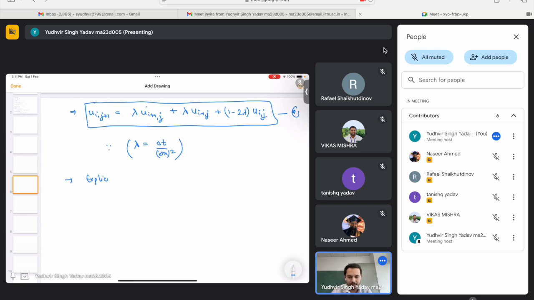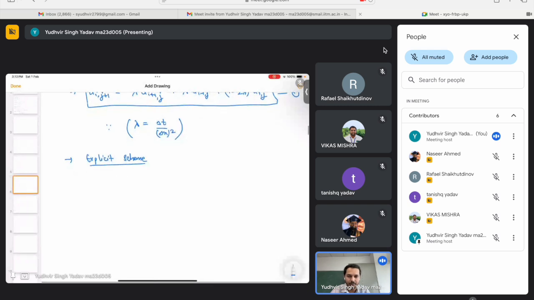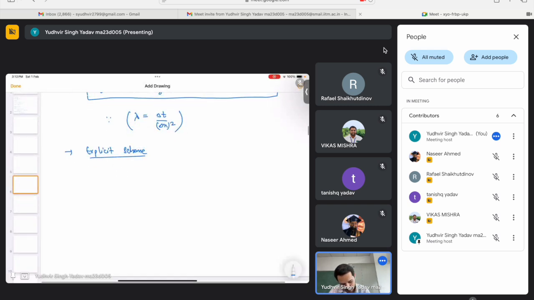Next, we will try to find the truncation error for this scheme. What is the order of the error? That is the main part of any numerical scheme. We denote the truncation error by tau ij.